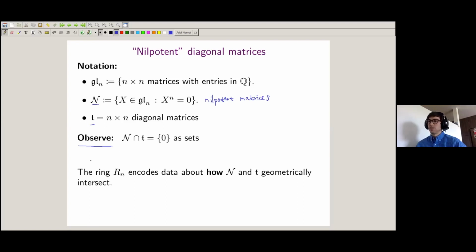So set theoretically, this intersection is not very interesting, but we'll see that Rn actually encodes how those two sets intersect, how those varieties intersect geometrically.